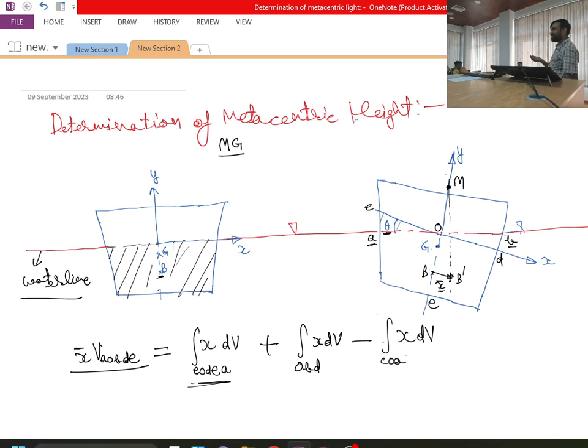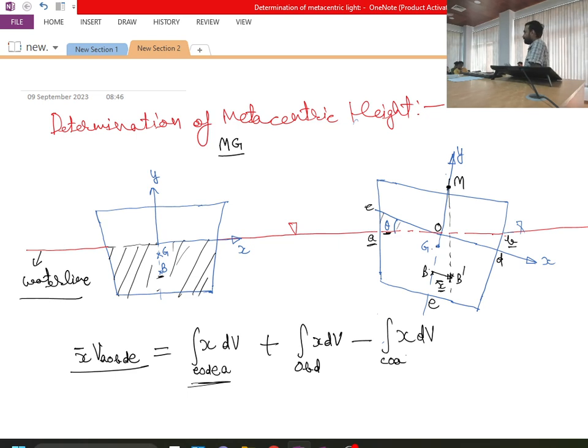So now what I am saying is actually my submerged volume times center of buoyancy is nothing but x times elemental volume, and these elemental volume integrations I have chosen in such a way so that it becomes equal to the net submerged volume. Okay, so the moment of the submerged volume I am considering on an elemental basis, and that I am equating to the center of buoyancy times my submerged volume.